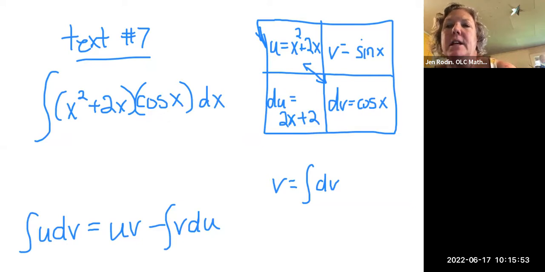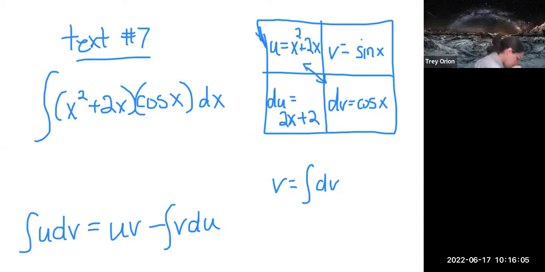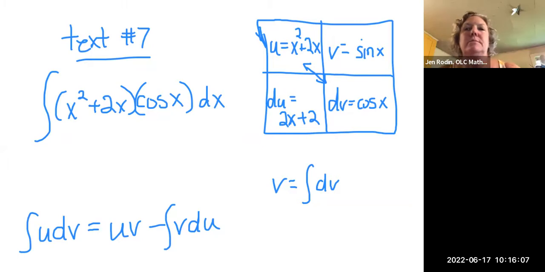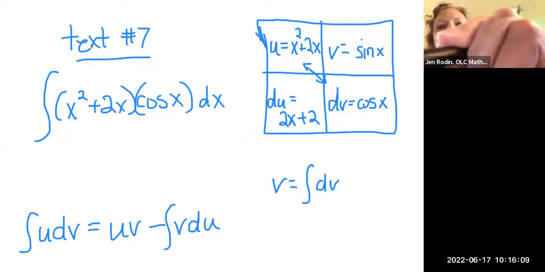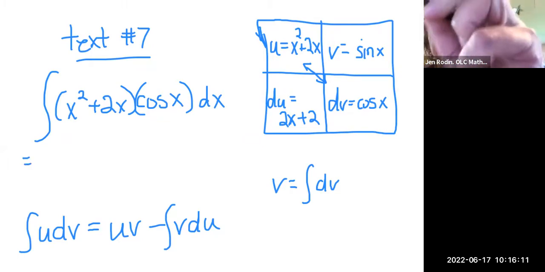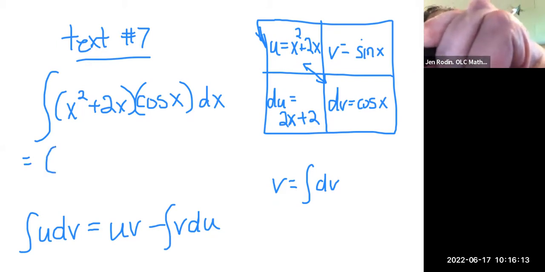I'm not going to keep going through this one, but I'll put it in the assignment. It's going to be your short assignment, honestly. But we'll just set up this first step. So u times v.